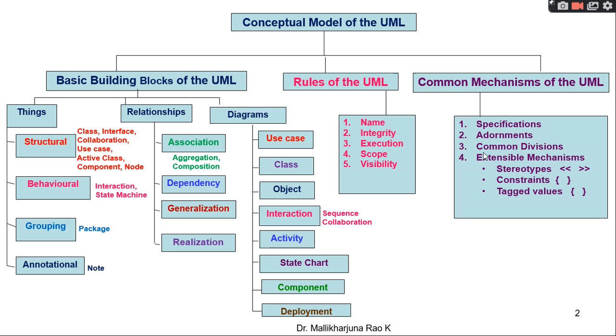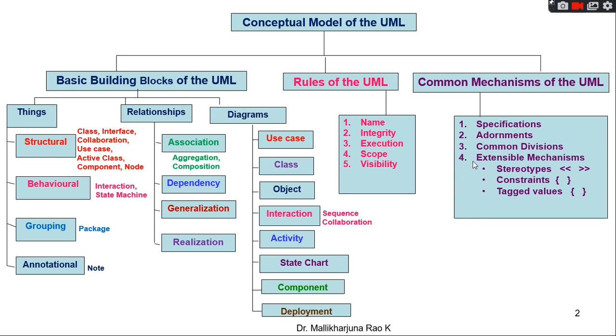Then common divisions. Generally, if any problem is given, we won't attack it directly. We first try to reduce the complexity of the problem. That is division of the problem. The problem is divided into sub problems, and so on, until finding the lower level elements called objects or grains.